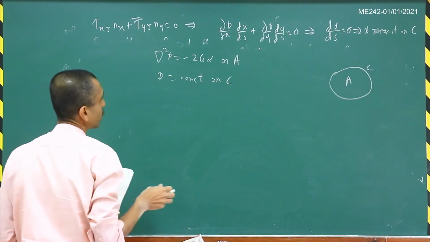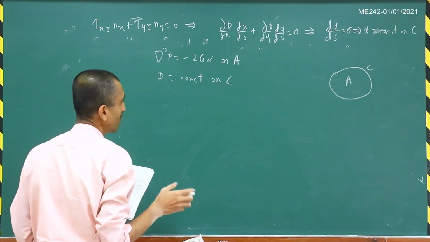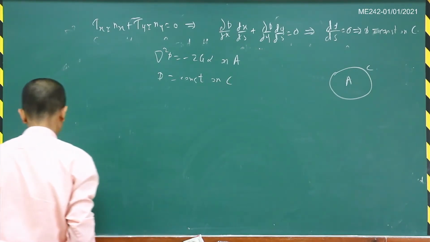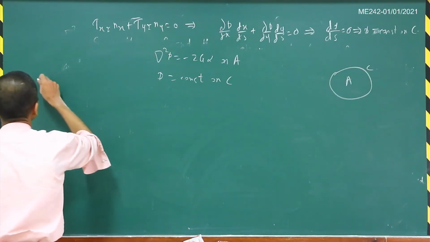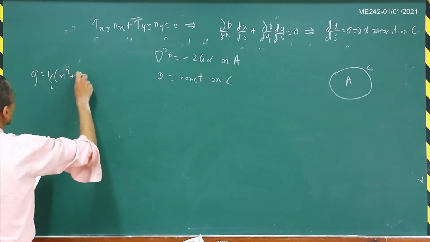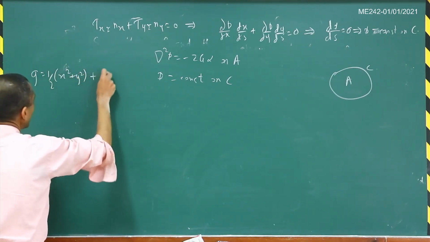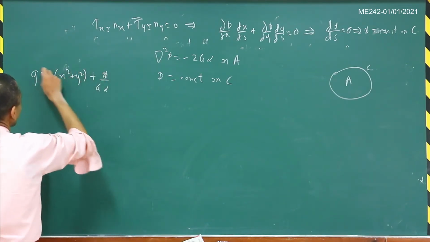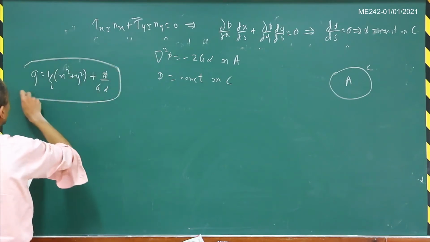So actually this function g and the function phi are related. You have that g is equal to half of x square plus y square plus phi divided by G alpha. So this is the relation between g and phi.